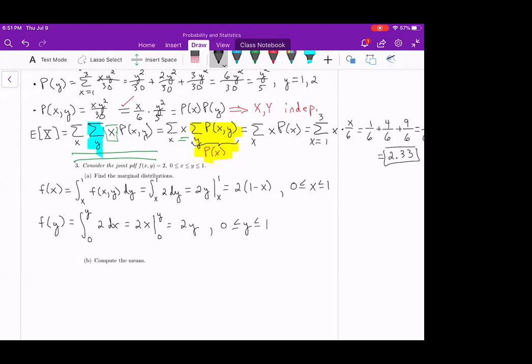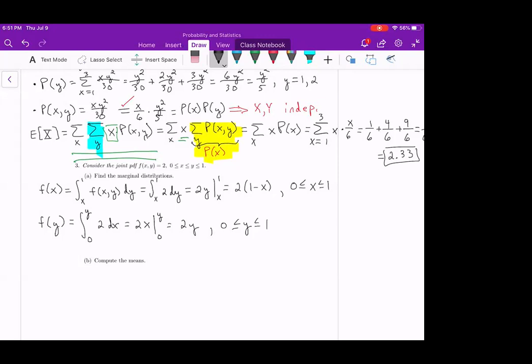The integral of 2y is going to be y squared. And when you evaluate that from 0 to 1, you get 1 squared minus 0 squared, which is 1. So it satisfies having the area underneath be 1. And you'll find the same is going to be true for your marginal distribution of x. If you integrate 2 times 1 minus x over 0 to 1, you will end up getting 1.